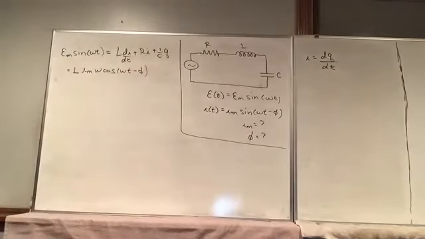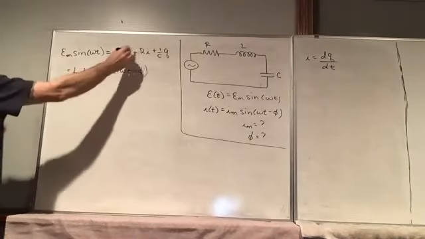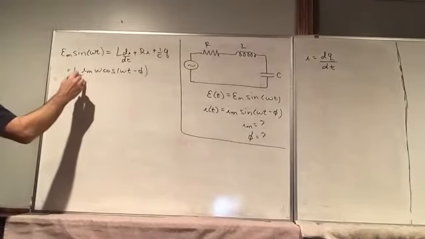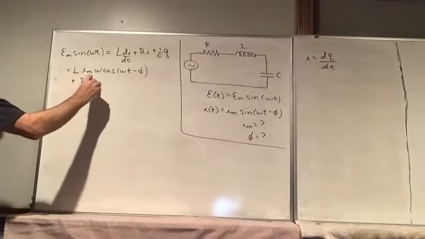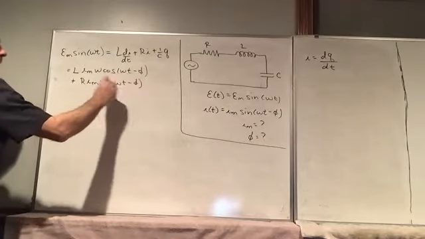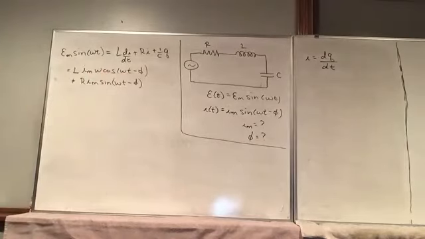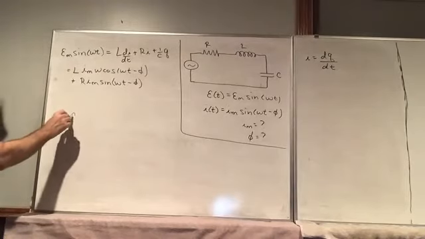Definitely not going to fit this in one line. So the next term is Ri, so we have R times I.